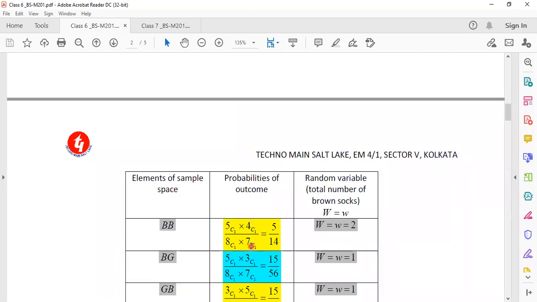So for the second draw, we write the probability as 4C1 by 7C1.